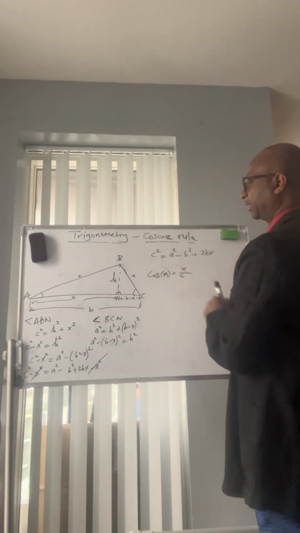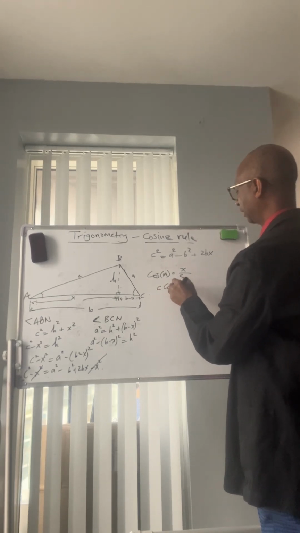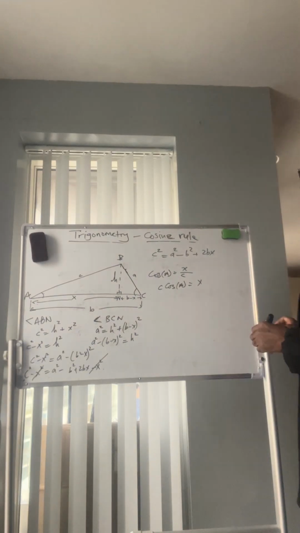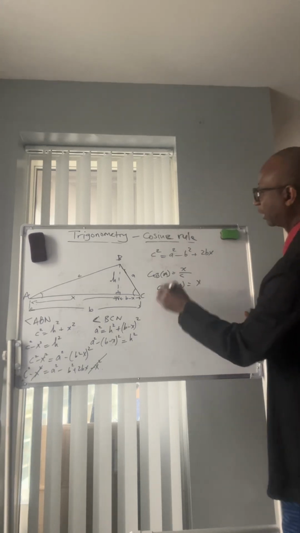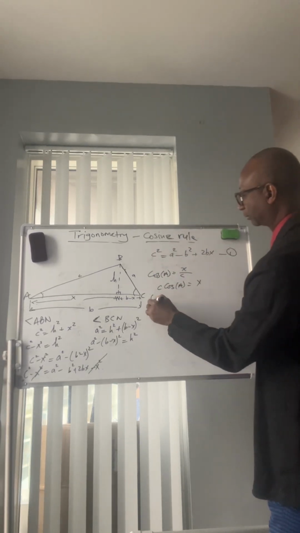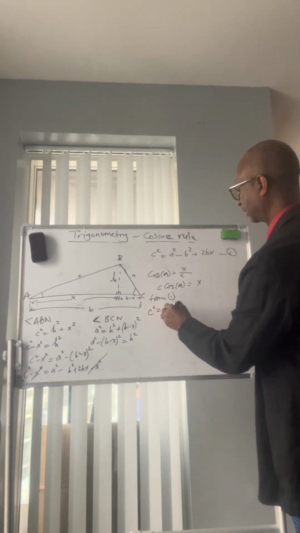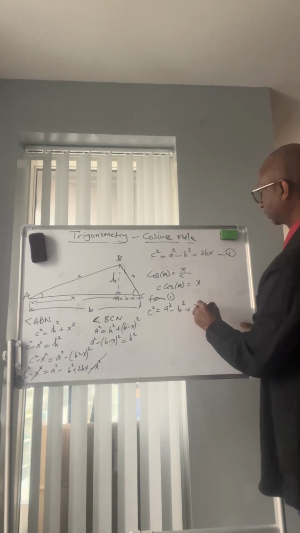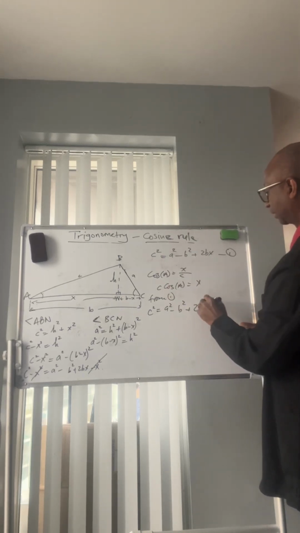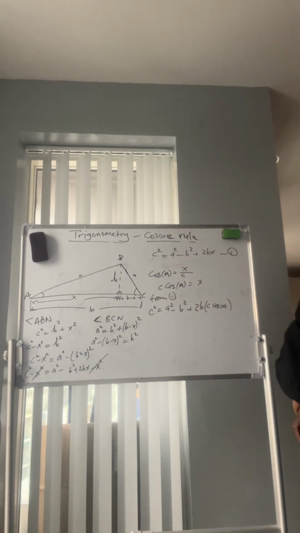That's cos A. So this gives you c cosine of A equals x, which means this x can now be represented by c cos A. So from equation 1, you now have c squared equals a squared minus b squared plus 2bx. Instead of x, we now have c cosine of A, 2bc.